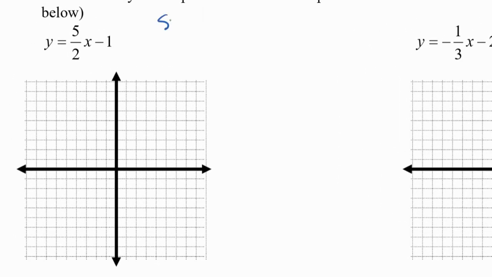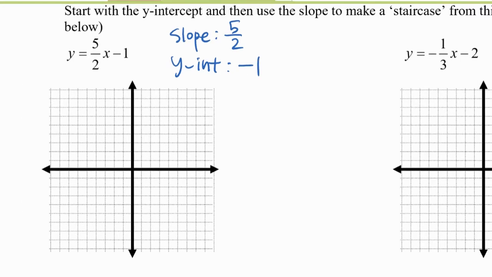Okay, so what is the slope? 5 over 2. And the y-intercept is -1. Okay, we found the slope and the y-intercept, and using them, we're going to draw the graph. The y-intercept is always the starting point.